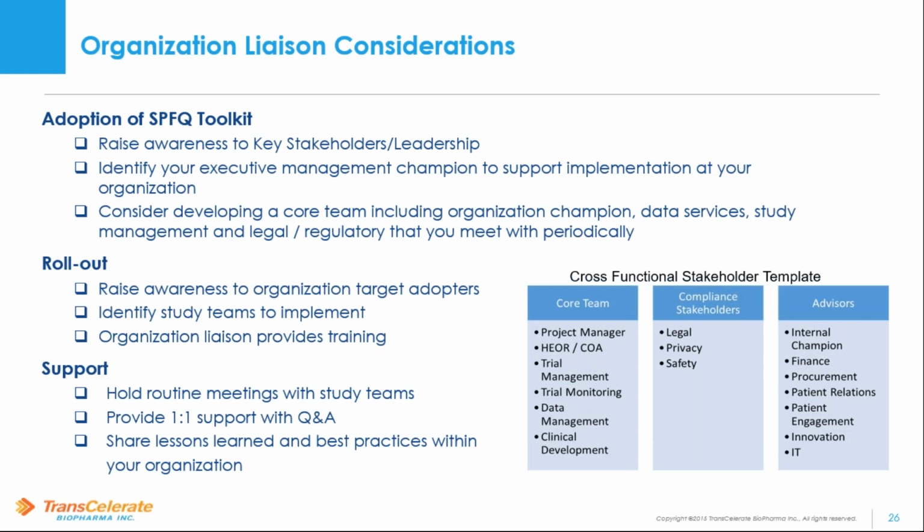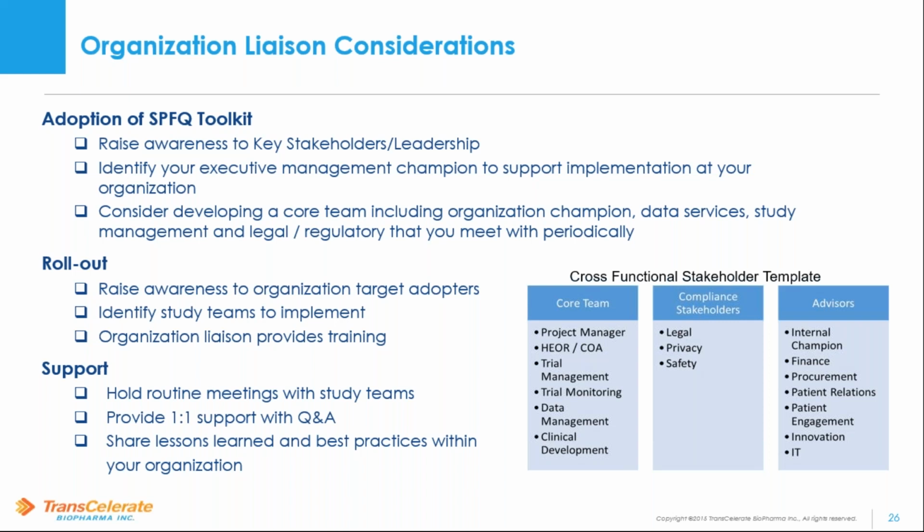The person could also help provide training. And then support is also important. Once a study team says, yes, we will take this on, even though this is a good toolkit that we developed hoping a study team could use it to help guide them through this process, it's still important to have someone in the organization who is able to meet regularly, answer those questions, and share the lessons.